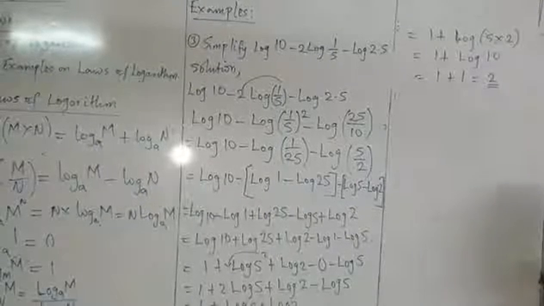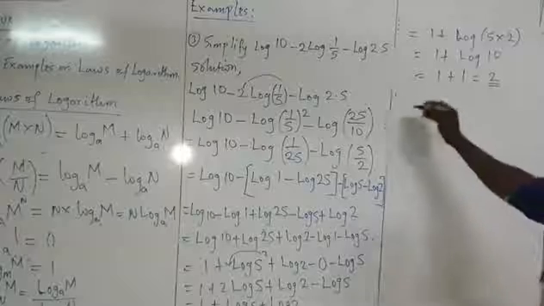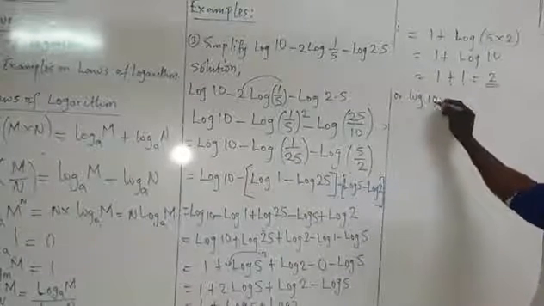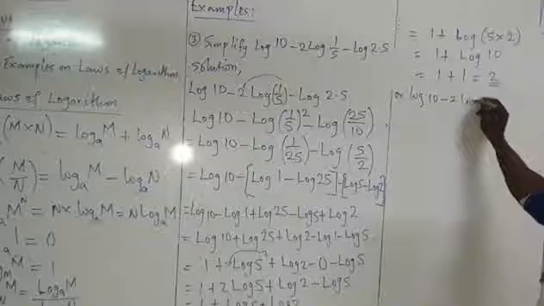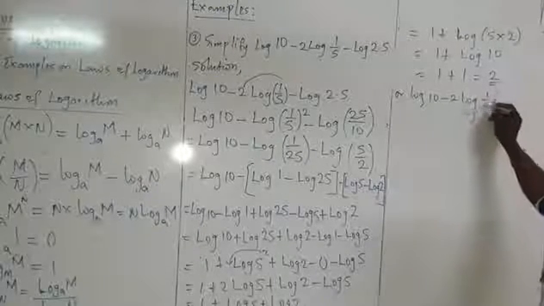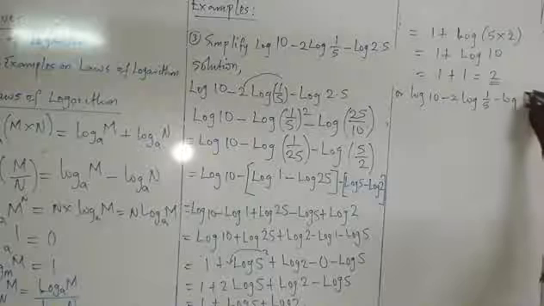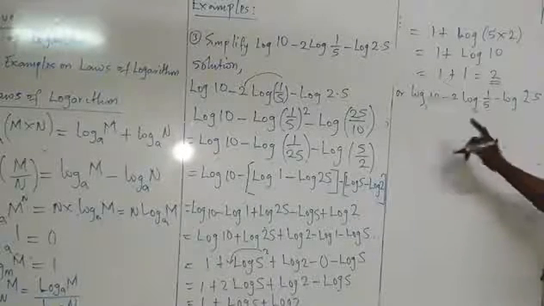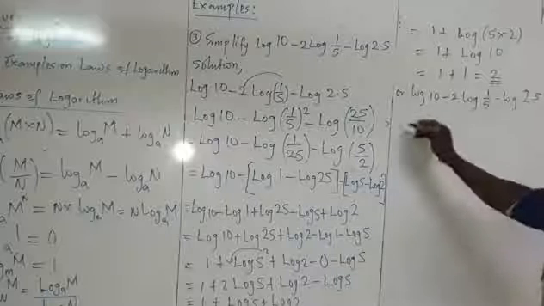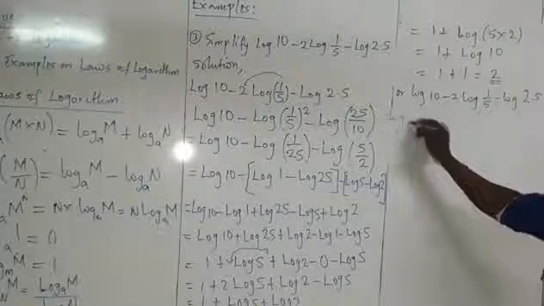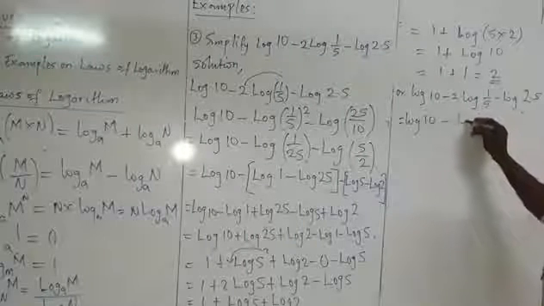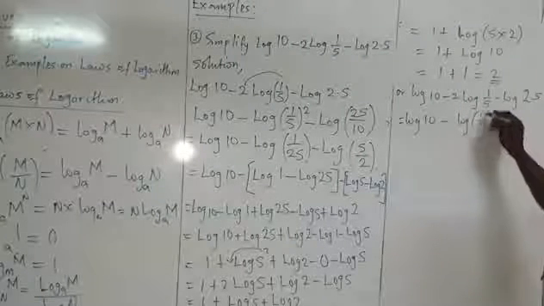Then we have a short form of solving this, and the short form is this. So log base 10, log 10 minus 2 log 1 over 5 minus log 2.5 base 10. I've told you log without base is in base 10. So we now have log base 10, log 10 minus log 1 over 5 raised to power of 2.